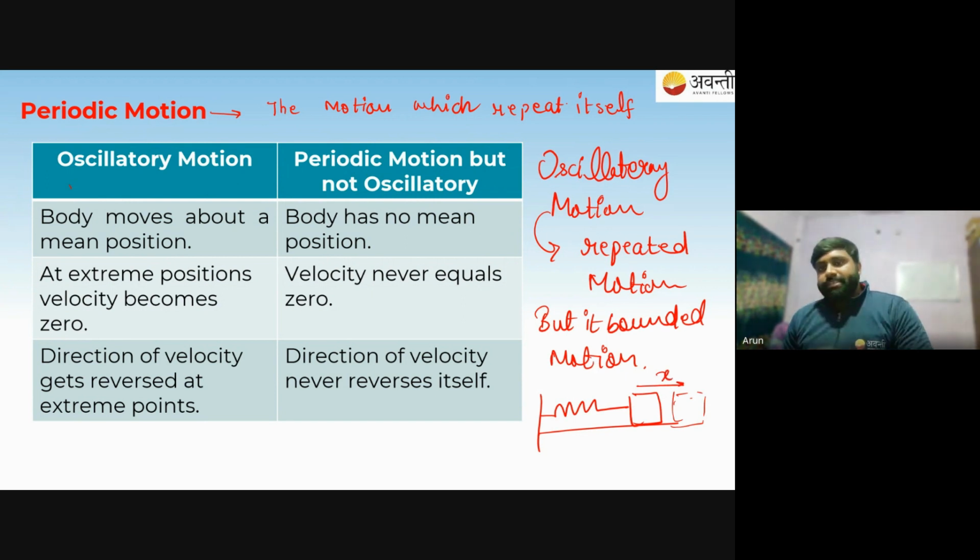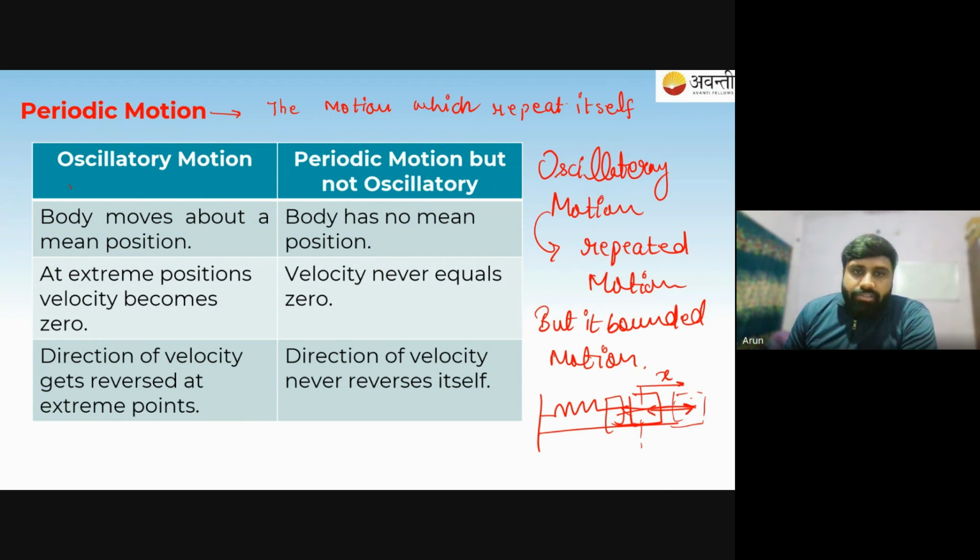If we release it, it will go back to its original position, but due to inertia of motion, because by this time it has acquired some velocity, it will cross its mean position and compress the spring, then go back, then come back. These types of to-and-fro motion are termed as oscillatory motion, but it is always a bounded motion, remember it, and it is bounded about a mean position.